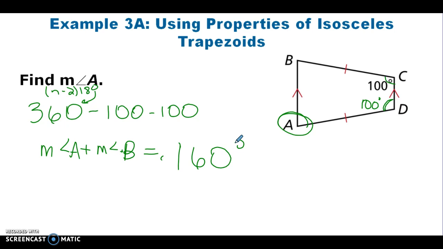And since angle A and B are both base angles, right, I can just divide this 160 by 2. So measure of angle A is equal to, Ryan? 80 degrees.